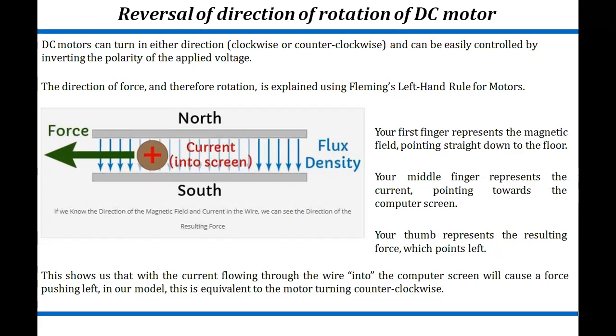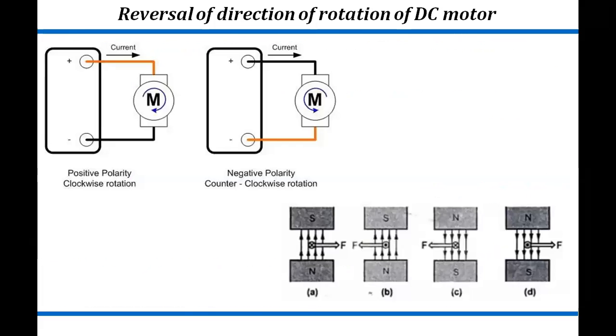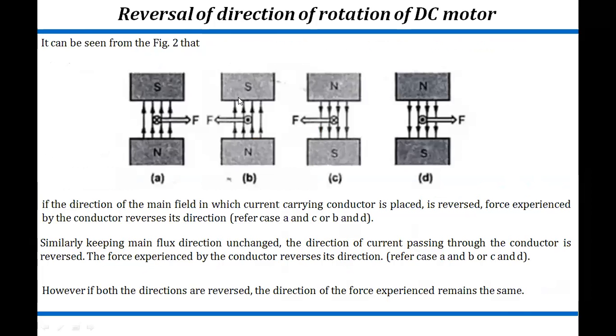You are supposed to explain Fleming's left hand rule. You can draw this diagram or one diagram, only one, and explain what will happen if you change the direction. You are supposed to draw this diagram also. You can show that if you give the positive supply and then change the direction of the power supply, what will happen. You are supposed to write only these two things.